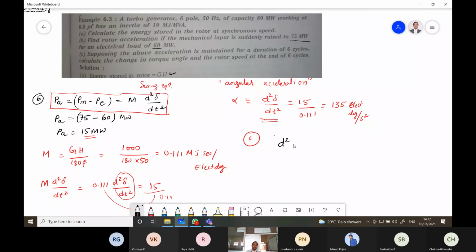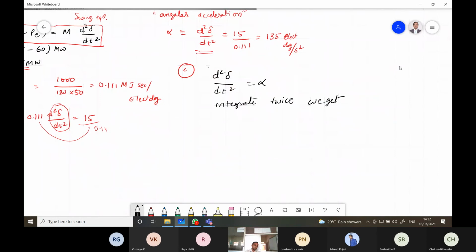d square delta by dt square is equal to alpha. So integrate this equation twice, what do we get? Delta will remain; integrating d square delta by dt square once, you get d delta by dt.